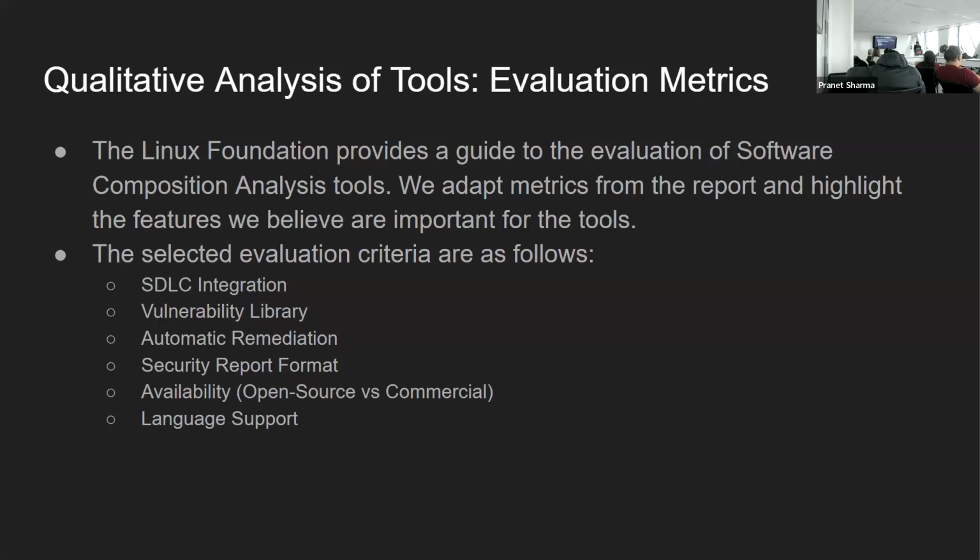Automatic remediation. Certain tools will have the ability to automatically open up pull requests and automatically provide fix advice for certain vulnerabilities. For example, Snyk and Red Hat CodeReady Dependency Analytics, as well as GitHub. However, OSV Scanner does not provide that functionality. So as a developer, if that's something you find useful, that's something you should know.